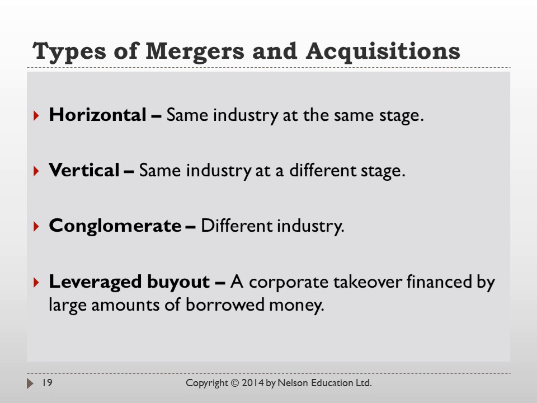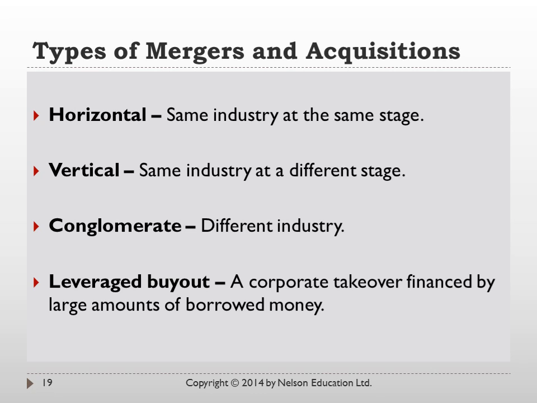There are different types of mergers and acquisitions that you should be familiar with. First of all, a horizontal merger or acquisition is when companies come together that are at the same stage of the supply chain, in the same industry.